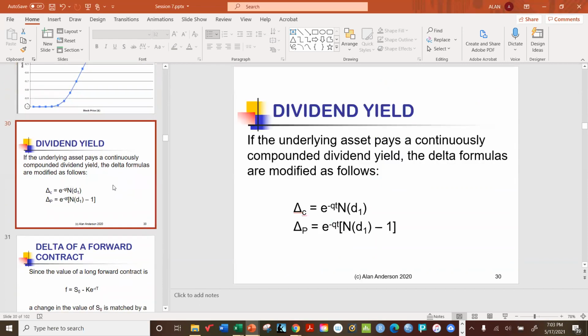Now, what if the stock, or the asset in general, does in fact provide some kind of cash flow that belongs to the owner of the asset, and that cash flow is paid out on a continuously compounded basis? You might recall that the modified Black-Scholes formula looks something like this.